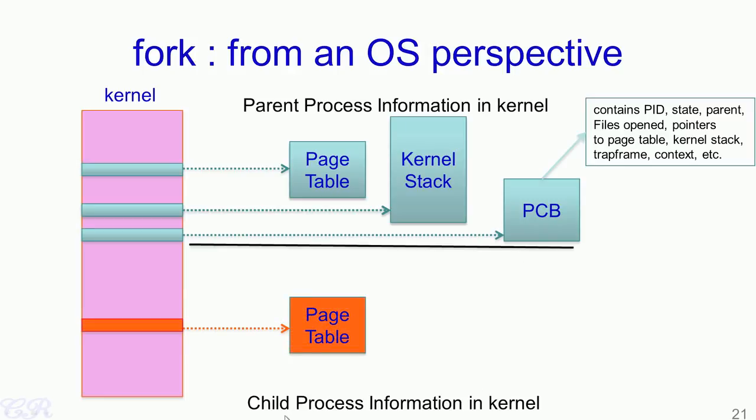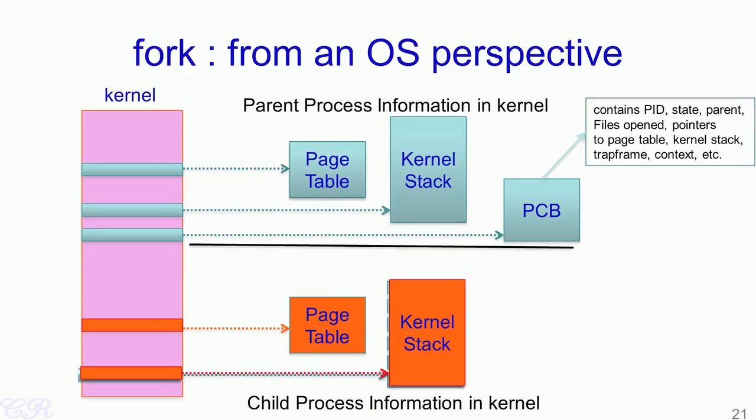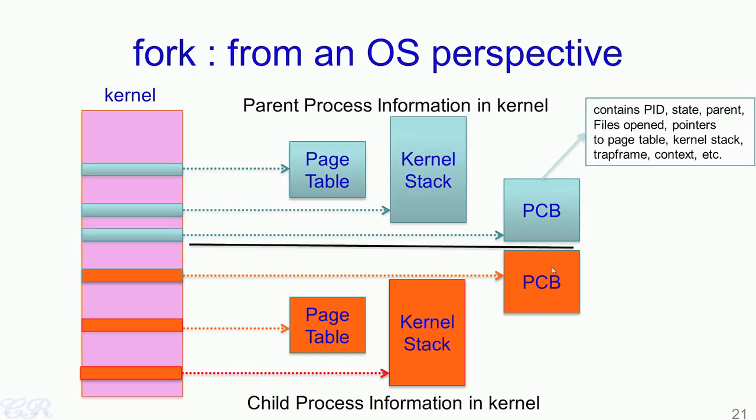This corresponds to the page table of the new child that is being created. Similarly, the kernel stack of the parent process is duplicated as the child's kernel stack. Further, a new PCB entry is created corresponding to the child's PCB entry.